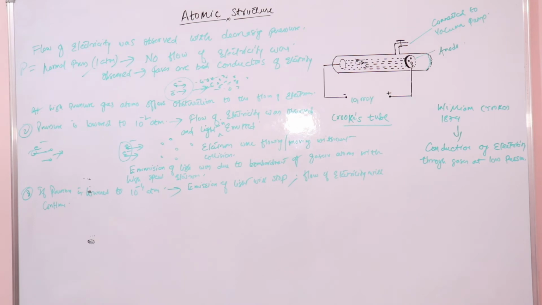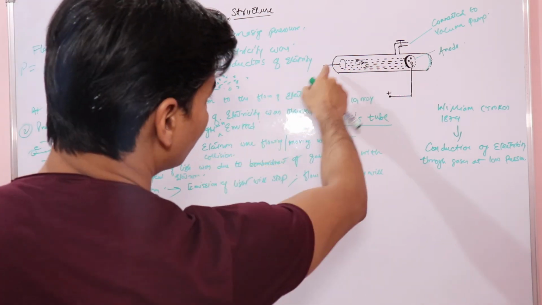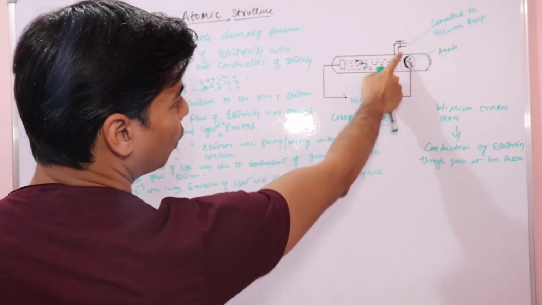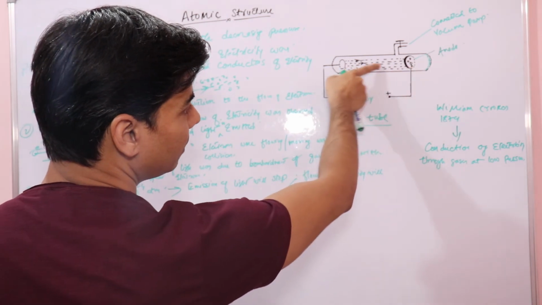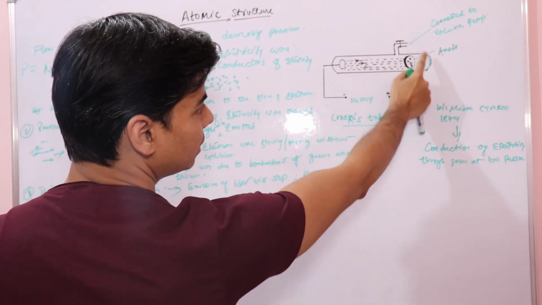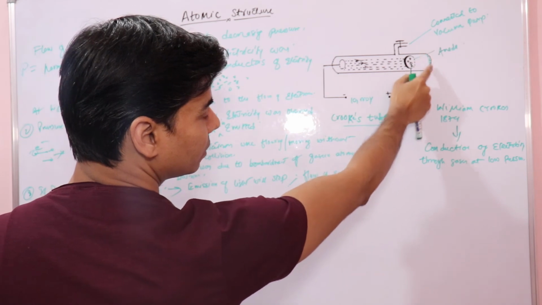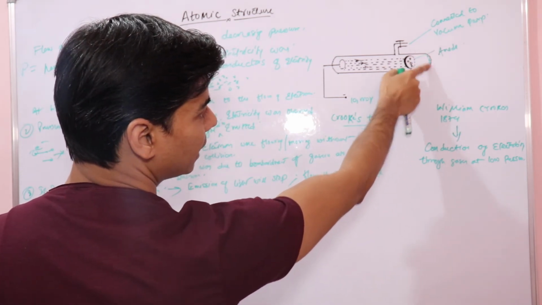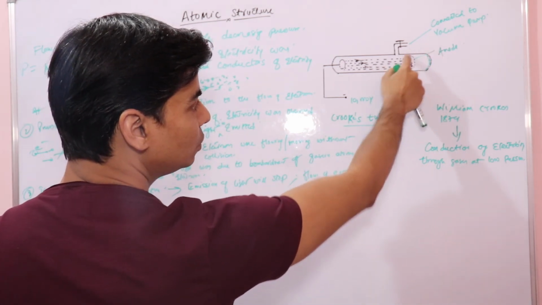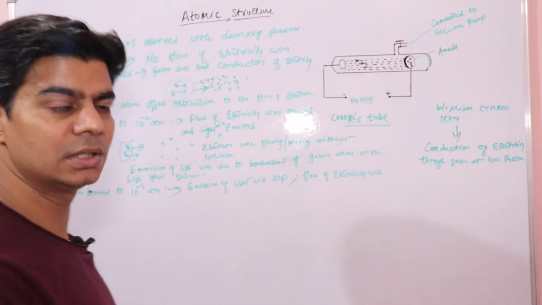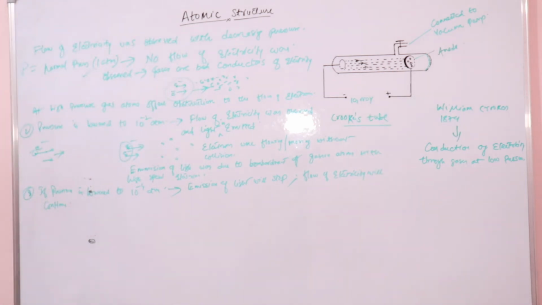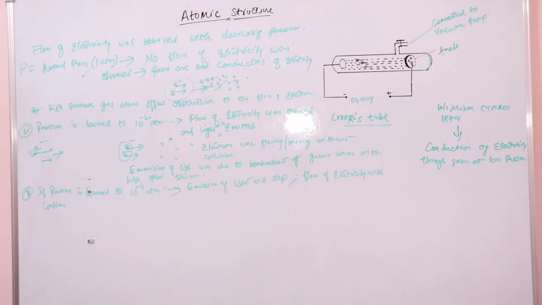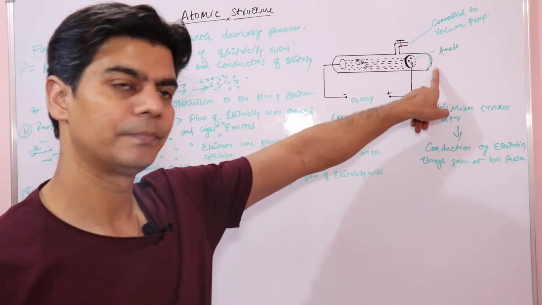When the electrons coming from the cathode pass through these holes in the anode, they will strike the tube at this point, and they will produce a faint greenish light at this end, right?